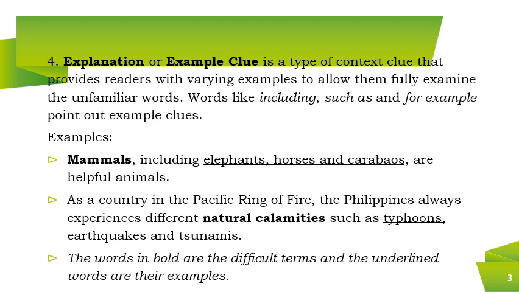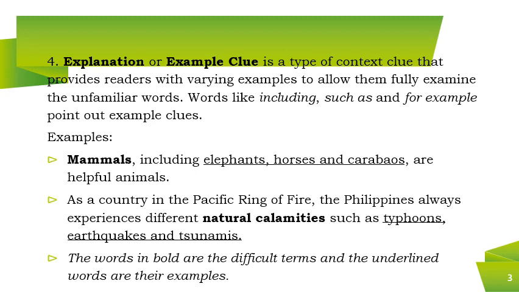An explanation or example clue is a type of context clue that provides readers with varying, different examples to allow them to fully examine the unfamiliar words. Words like including, such as, and for example point out example clues.